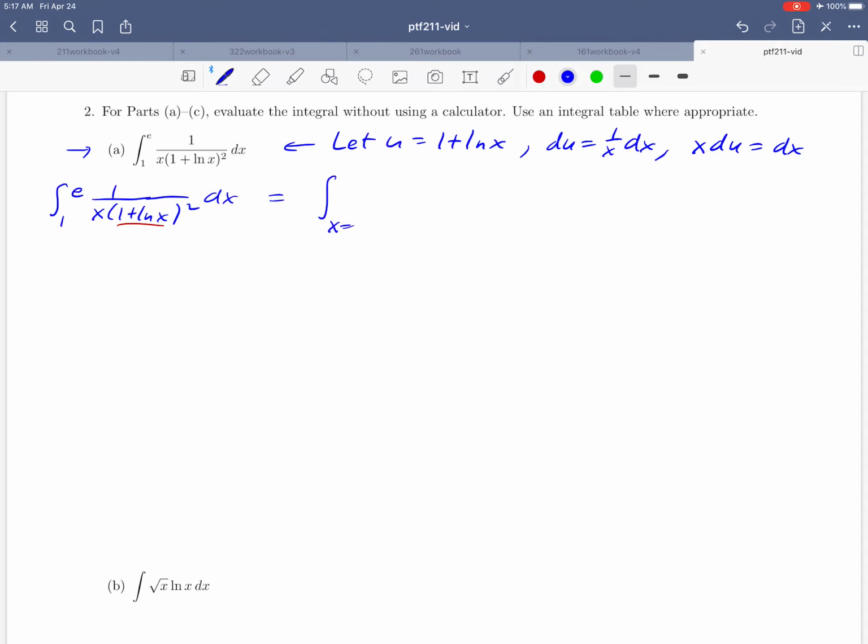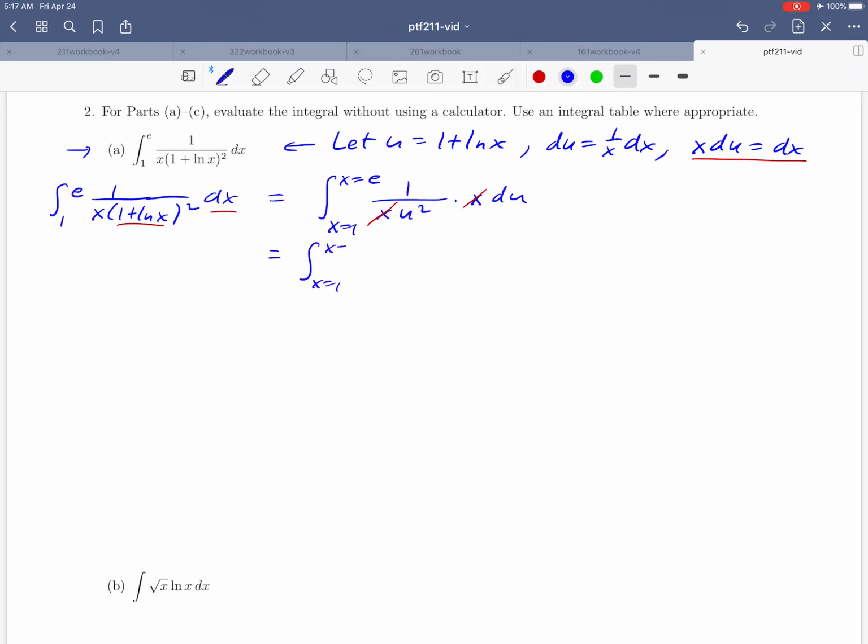So we're going to get 1 over x times u squared, and then the dx, we can see from our work up here that dx is equal to x times du, so we'll fill that in. What we're hoping for is some cancellation, and you can see that we get it. We've got an x in the numerator and the denominator, so those two pieces are going to cancel.